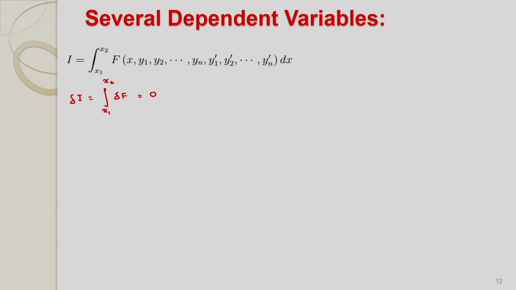Now, we can use chain rule to write this variation in terms of several dependent variables. In a similar way, up to yn.